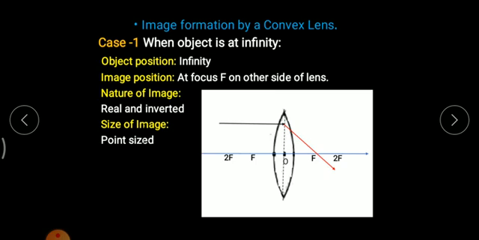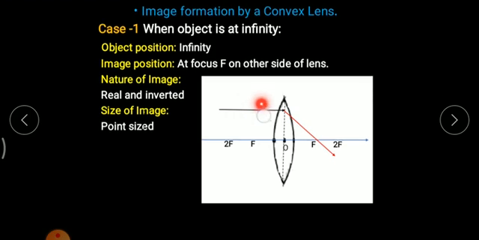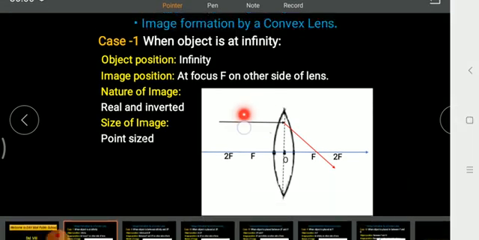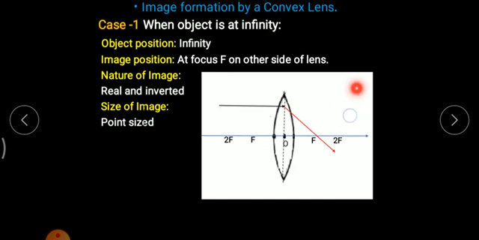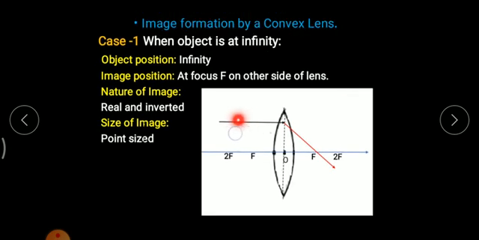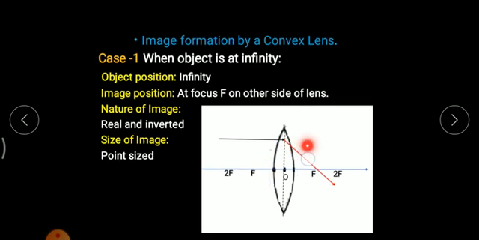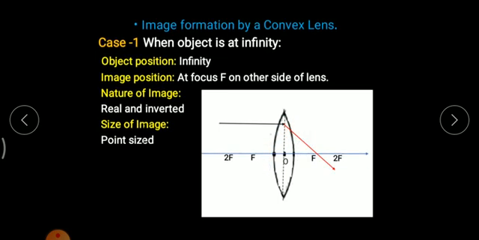Now, in order to obtain an image, I need a minimum of 2 rays. So this was the first ray, parallel to the principal axis. As we have studied in the rules for forming different images, whenever parallel rays of light are there with respect to the principal axis, the refracted ray will always converge to one single point. That single point is termed the principal focus. Again, I have to take another parallel ray of light.